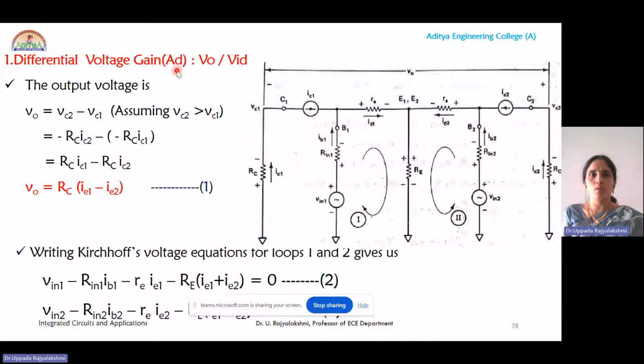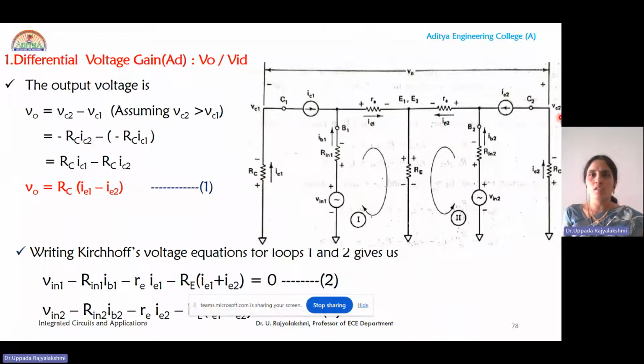Now let us move to the calculation of differential voltage gain, that is Vo by VID, where the suffix ID represents the differential input. Here you can see the equivalent r parameter model for the dual input balanced output differential amplifier configuration. And the output is taken across the collector ends, that is the balanced output.